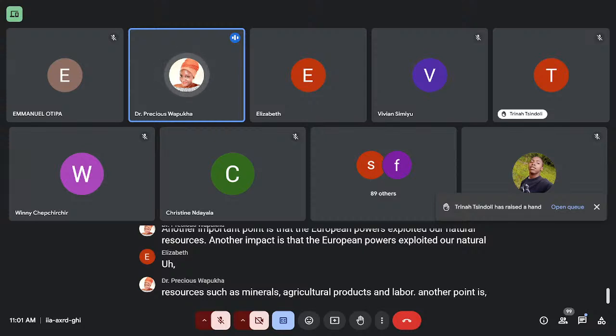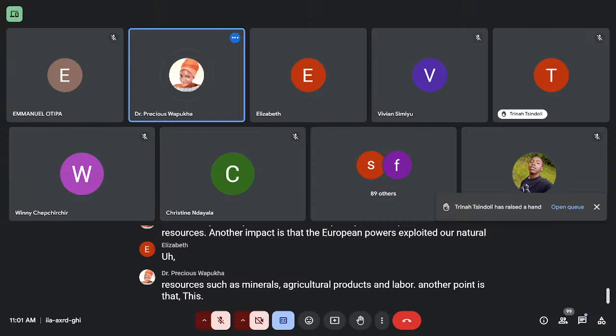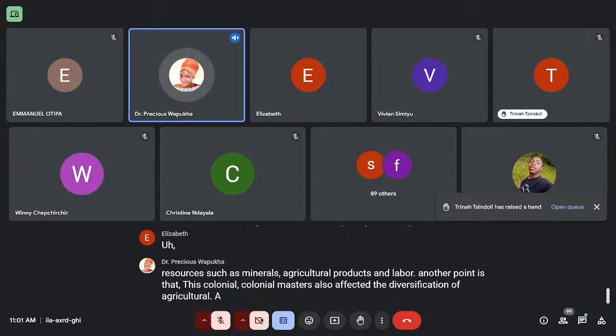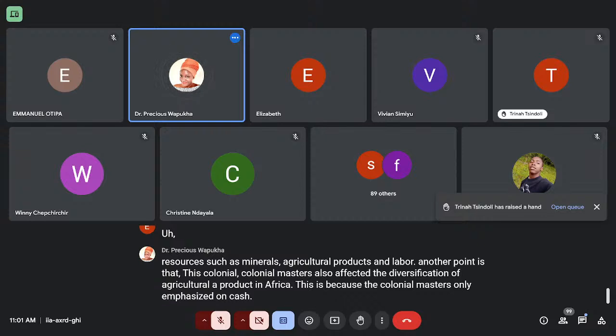Another point is that these colonial masters also affected the diversification of agricultural products in Africa. This is because the colonial masters only emphasized cash crops, coffee, and cotton, at the expense of other products.